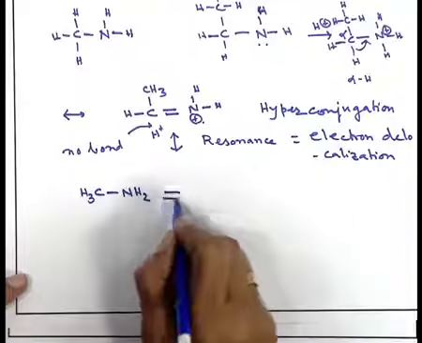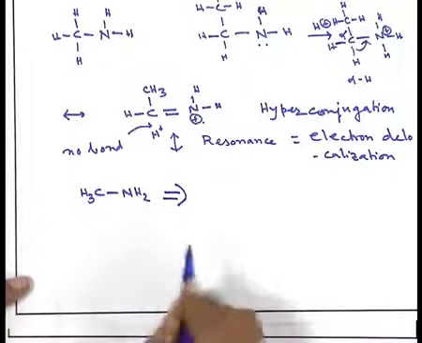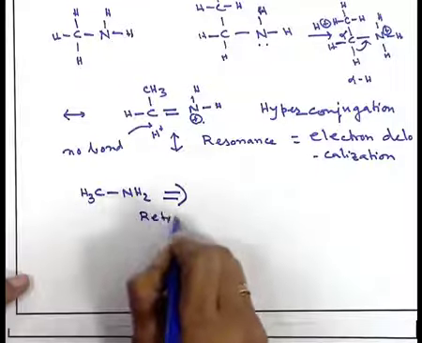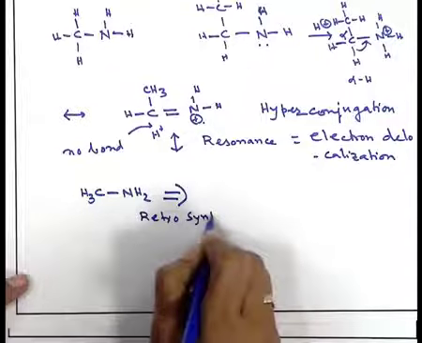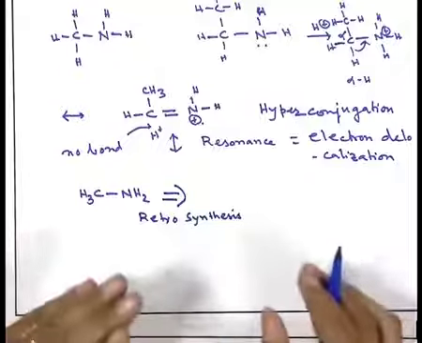Now, I will write another very interesting thing: how to prepare this type of very simple compound, with a carbon nitrogen bond. One simplest way to write that is an arrow like this. This arrow is reserved for retrosynthesis, meaning reverse synthesis.